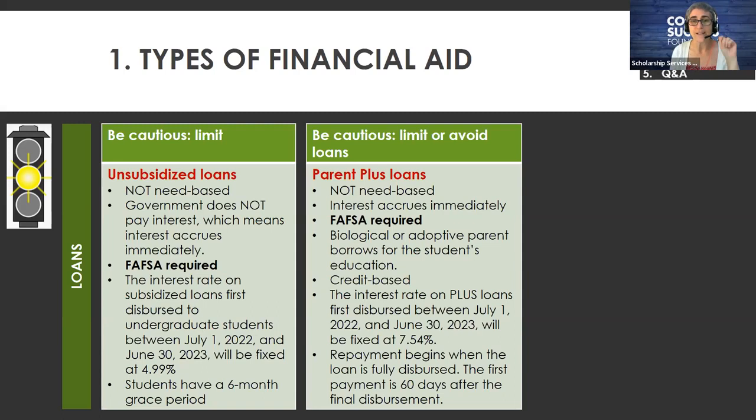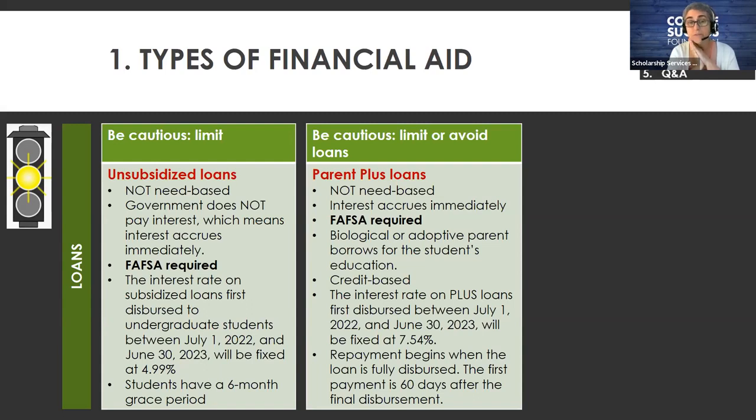Nothing else can. You cannot use a grant, you cannot use a scholarship, private or institutional or state or federal. You cannot use work study to pay for your expected family contribution. So very important to remember that.